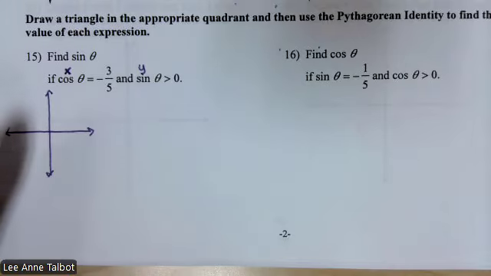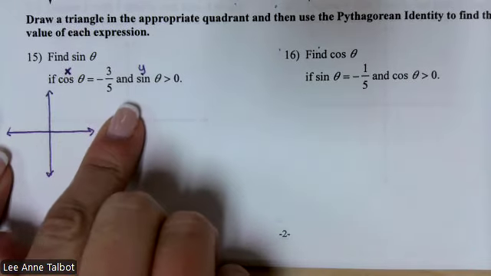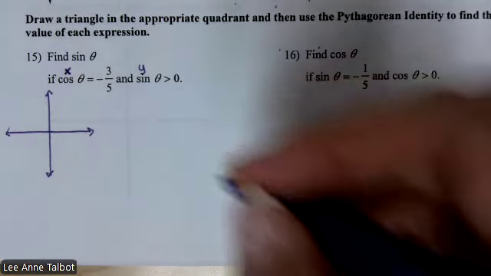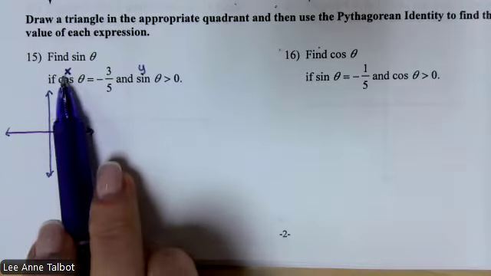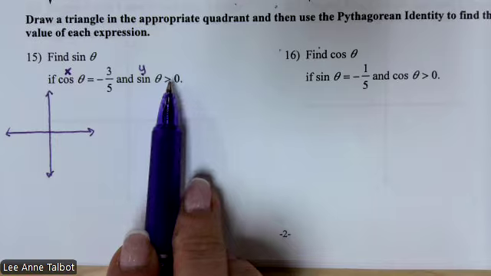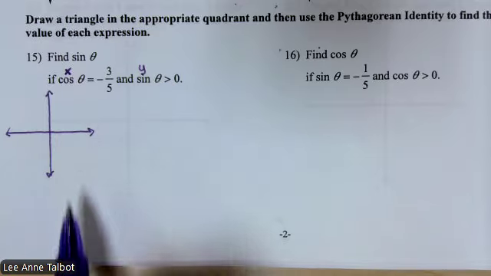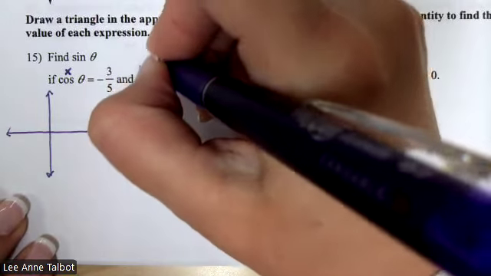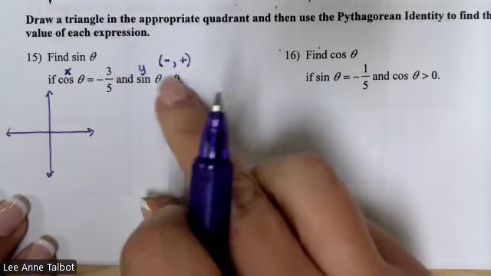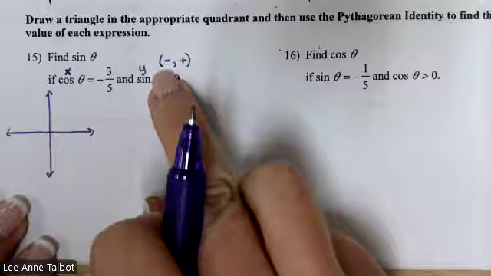Then let's decipher what this is saying so that you can pick the quadrant correctly. So this is saying x is negative and y is greater than 0, so y is positive. So you have a negative, positive for your XY coordinate.